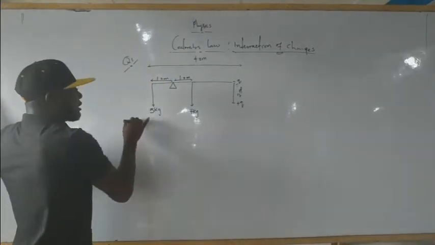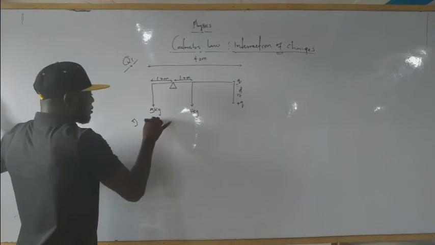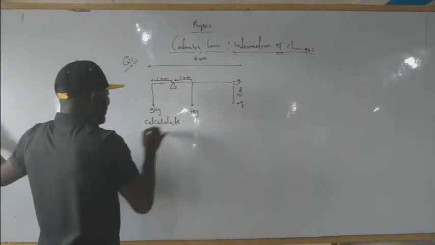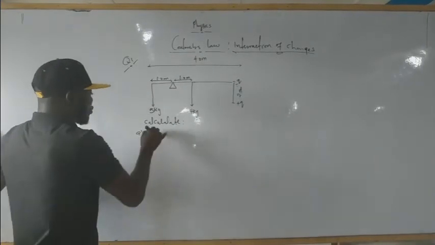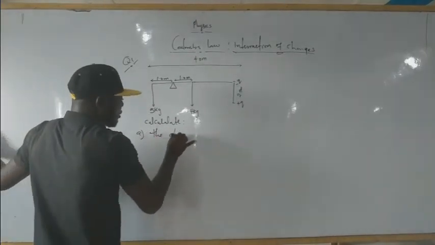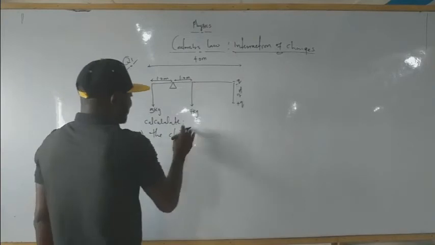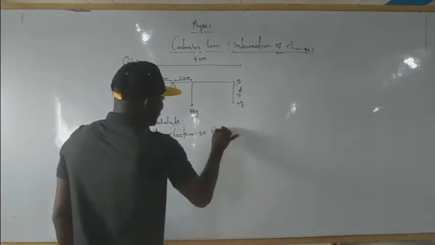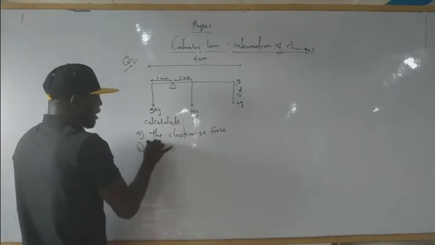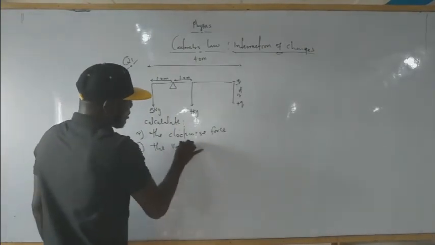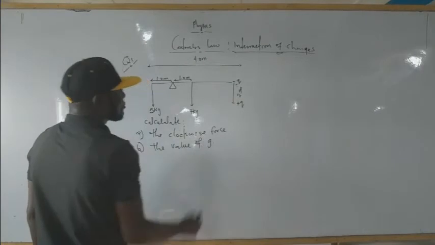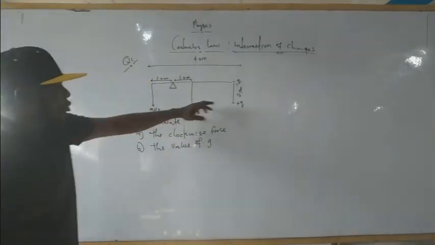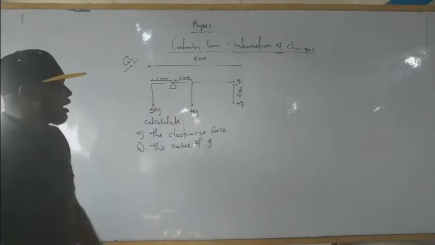We have to find A, calculate the clockwise force, and B, the value of G. We want to solve for the clockwise force and the value of G.